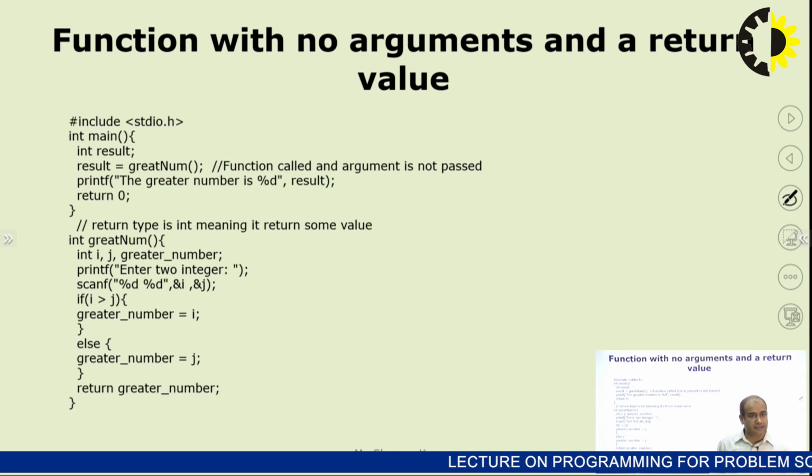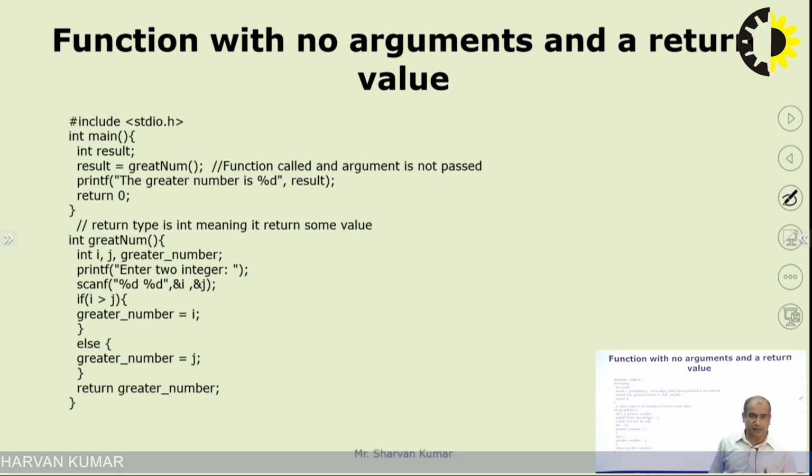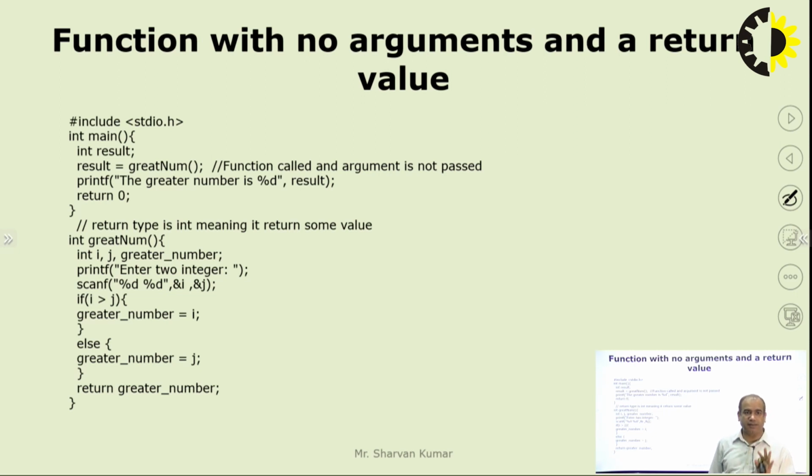Second, the same program with the same feature, with no argument but with a return value. Automatically a return value will be there, so some data type will be there, but no argument means no parameter is passed here.